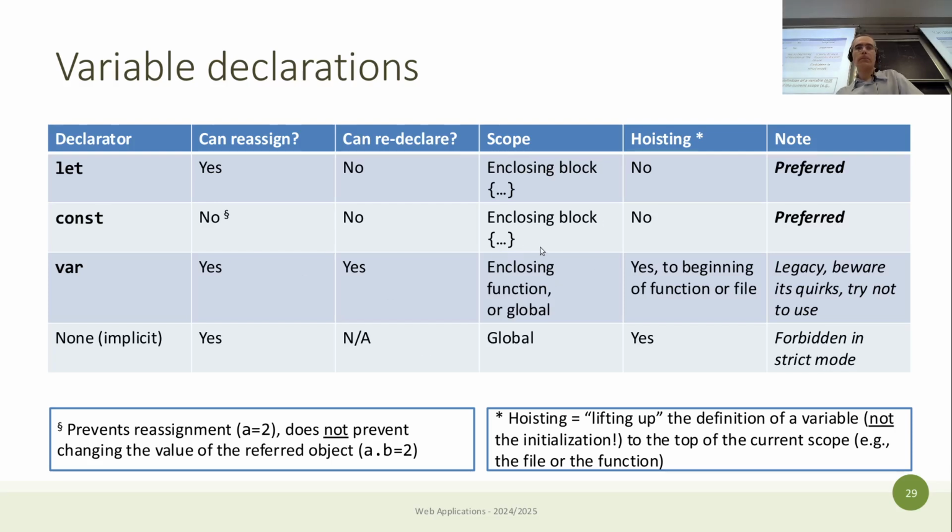And then if you declare a variable with var at a certain point in your code, it starts to exist at the beginning of the code, even if it's declared in the middle. Another weird behavior. Okay? This is called hoisting. We will see an example in the next slides. Hoisting means lifting up the definition of a variable to the top of the current scope.